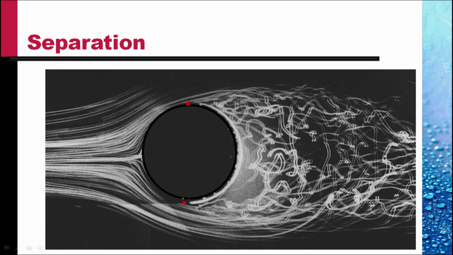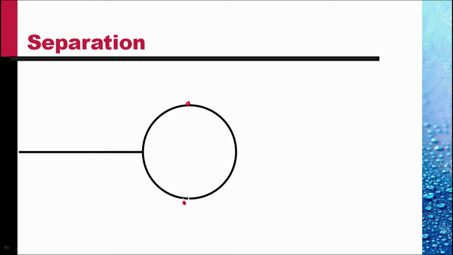Now, if we attach a splitter plate to the cylinder, a plate in front of the cylinder, then the flow taking place in that direction, the velocity is decreasing and pressure is increasing.